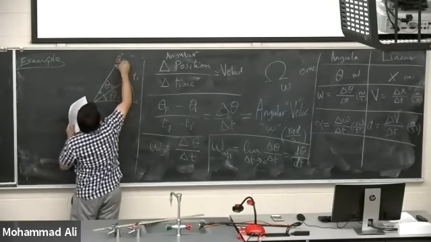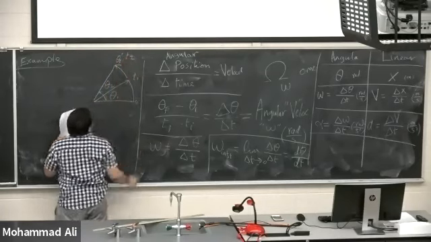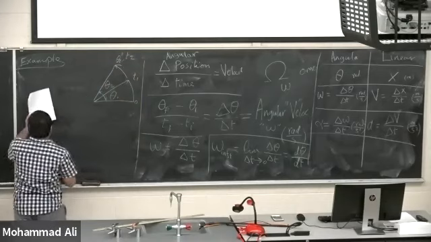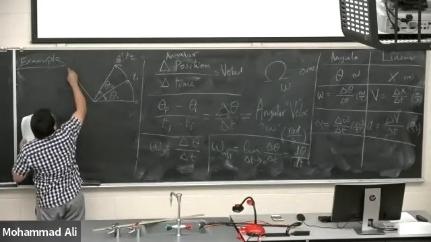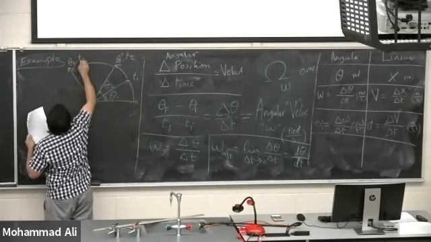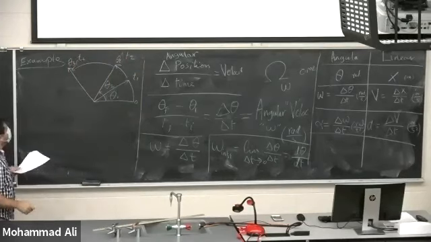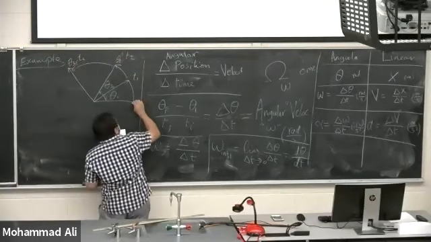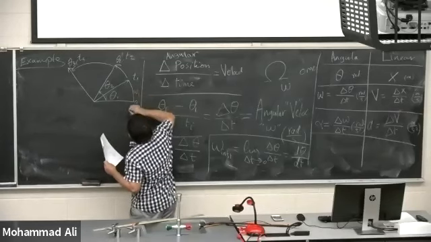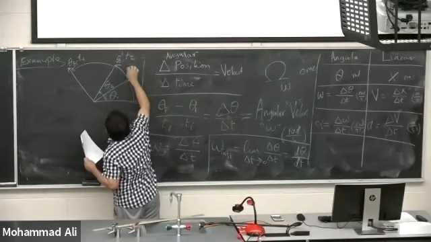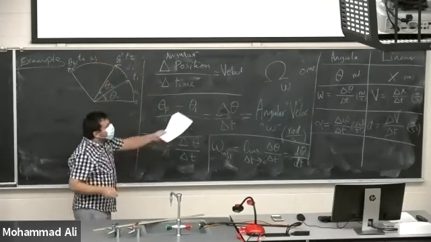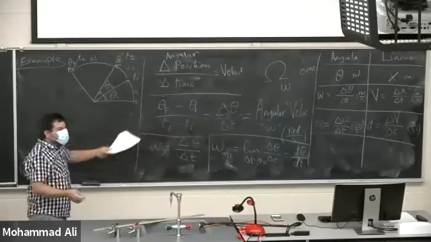This is theta 2 and T2. And also we have another theta. This one. This is theta 3 and time T3. We have a velocity from here to here. We have omega 1. We have another velocity from here to here, which is omega 2. And we have a third omega. Just like before, we find V1, V2, V3, and so on.